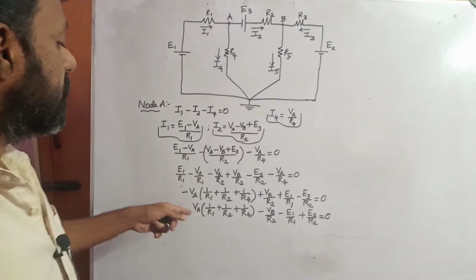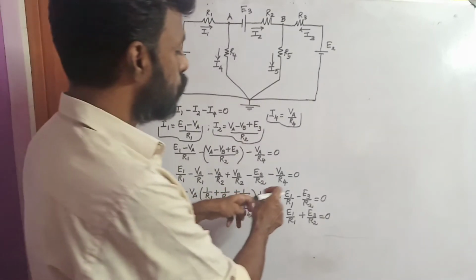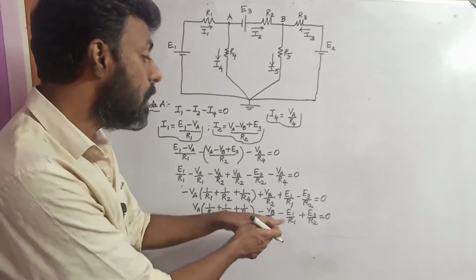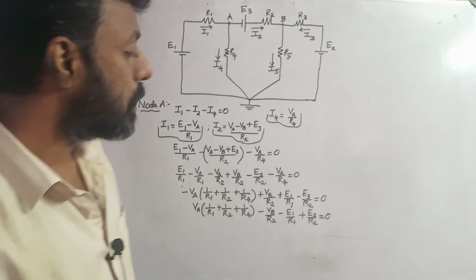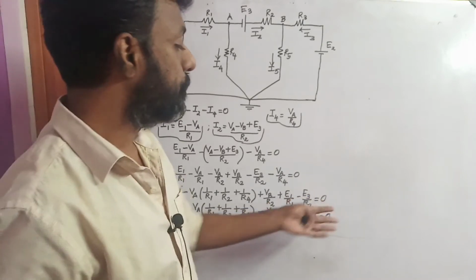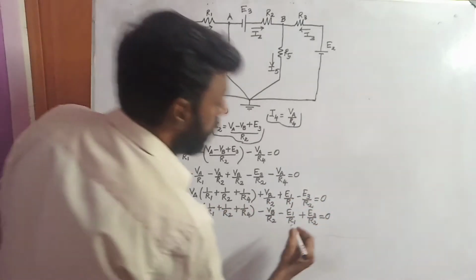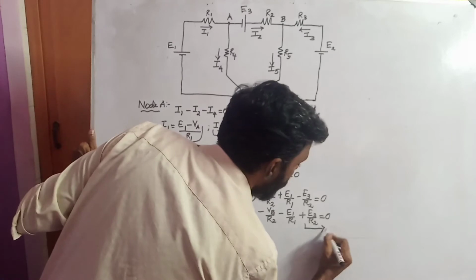So the negative sign is converted into positive sign. Similarly, these two positive signs will be converted as negative, and one negative sign will be represented as positive E3 by R2. So I'm changing the signs. So this is the expression for equation number 1.